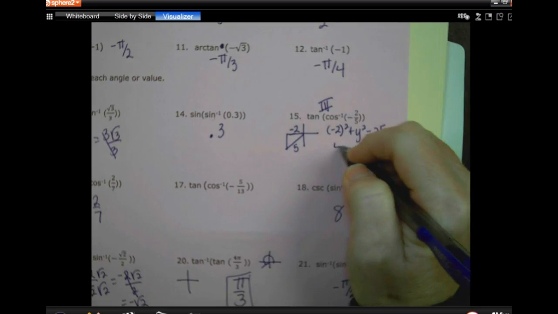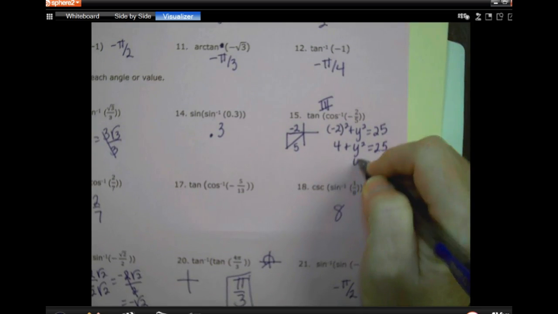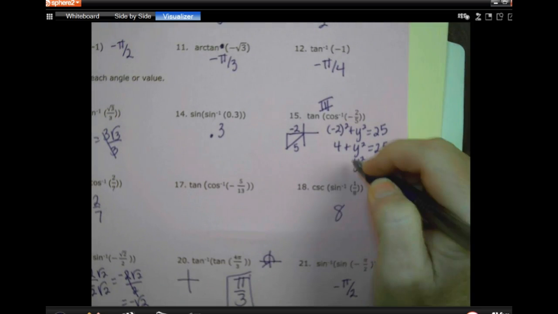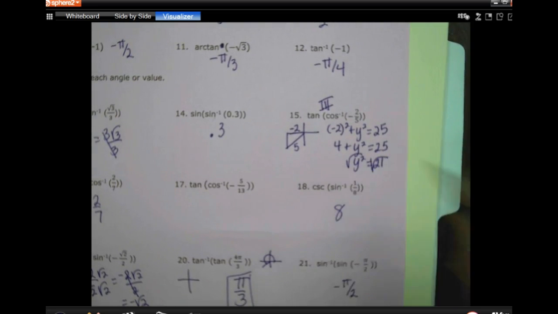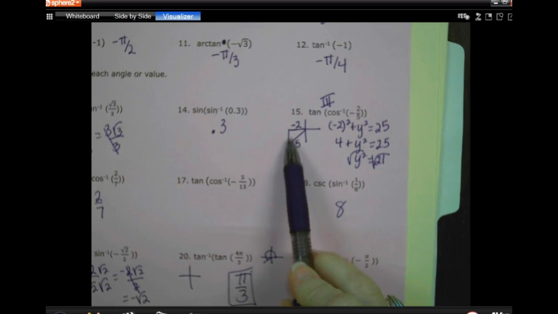Miss, when can we use the Pythagorean theorem? Okay. In any quadrant you want. Go for it. I don't know how he gets attention back here. It's so hard. That's what I'm saying. Okay. So I get that my y is the square root of 21. But what do I know about the y in the third quadrant?